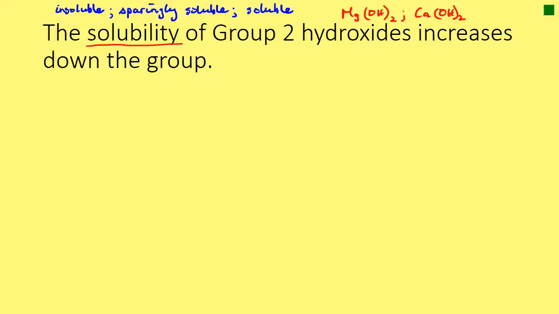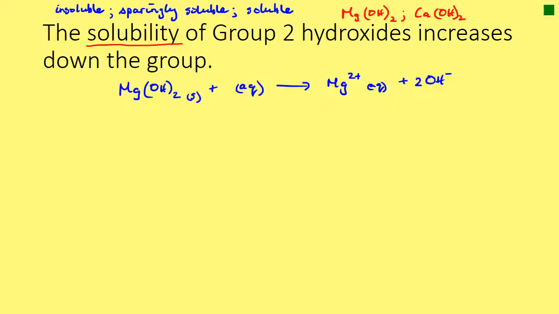So when magnesium hydroxide, for example, dissolves in water, we're going to have solid magnesium hydroxide, and you're going to add it to water. If it dissolves, which in this case it doesn't do very much of, you're going to get magnesium ions in aqueous solution, floating around in the water, surrounded by water molecules, and you're also going to get hydroxide ions.